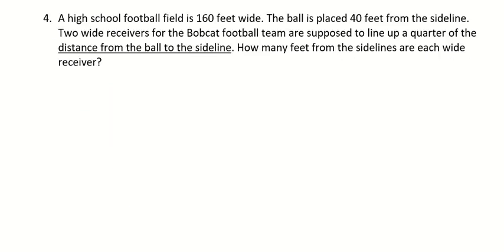Number 4. A high school football field is 160 feet wide. The ball is placed 40 feet from the sideline. So let's draw. Here's our number line to represent the width of the field, sideline to sideline. And the ball is placed 40 feet from the sideline.